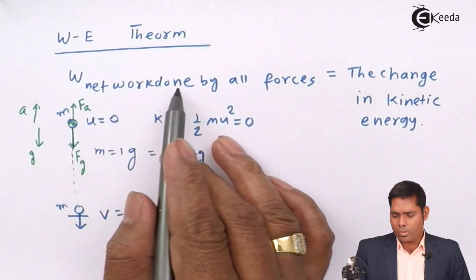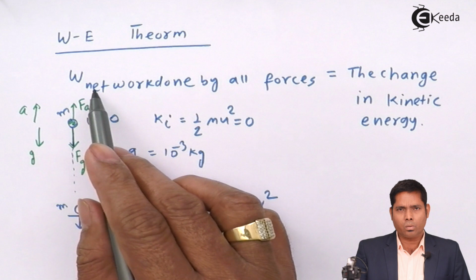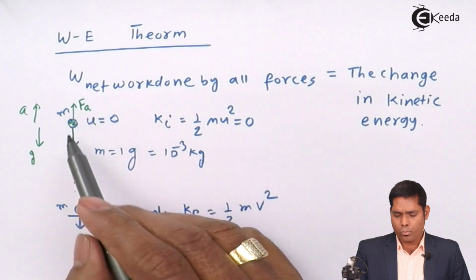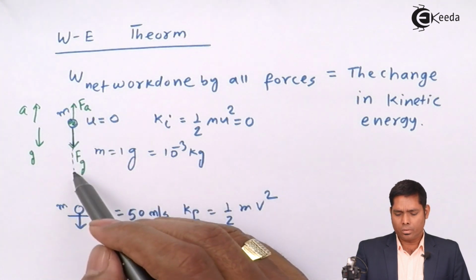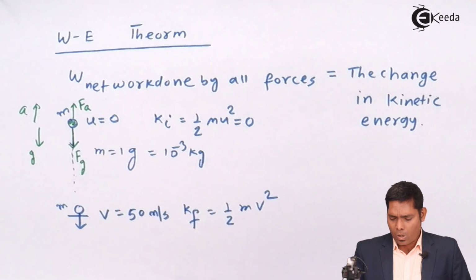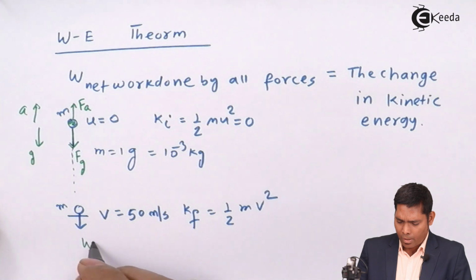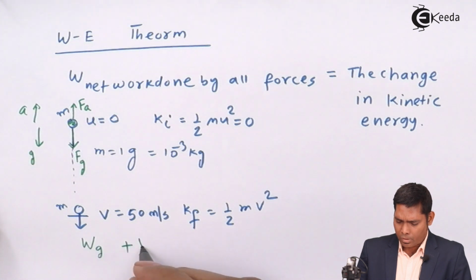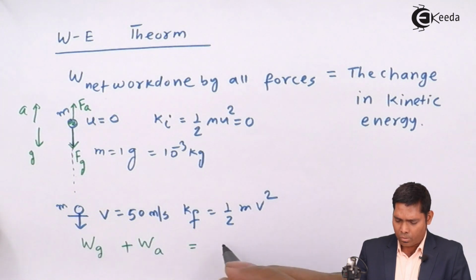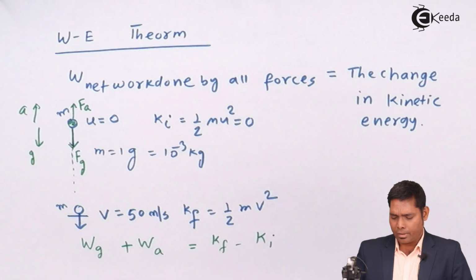So the net work done by all the forces means the total work done due to these two forces will be found. Now according to the theorem, work done by the gravitational force plus work done due to air resistance is equal to the final kinetic energy minus initial kinetic energy.